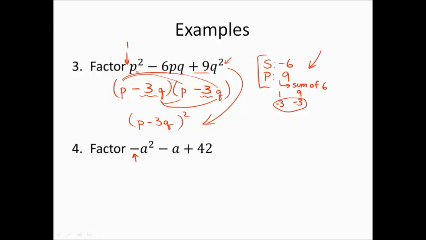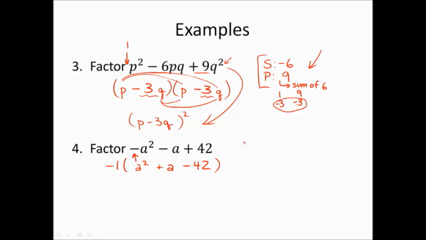So let's see if we can factor this leading coefficient out, and in this case it's just a -1. So we can take out a -1, and that basically changes all the signs inside. So you've got a squared plus a minus 42, because if you multiplied the negative in, you would get the original back again.